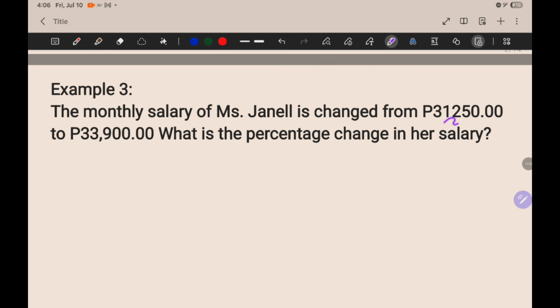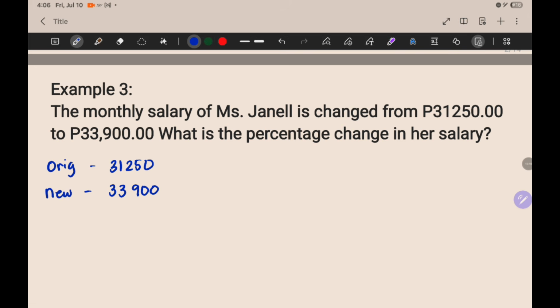So, obviously, yung sahod niya is 31,250 at naging 33,900. So, ibig sabihin, nagkaroon tayo ng increase. So, again, we have to take note of the original value. So, the original value is 31,250 and the new value is equal to 33,900.